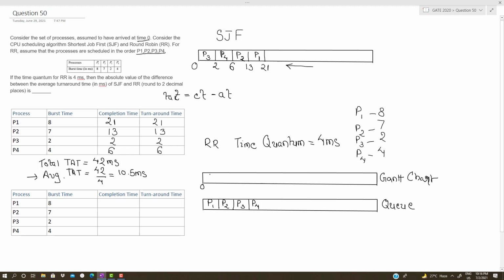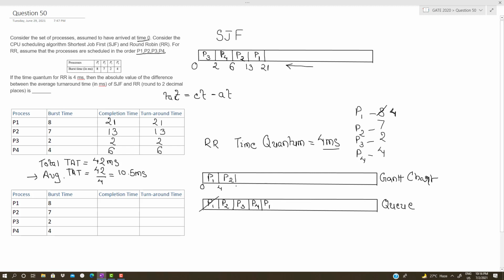So now P1 is scheduled and is executed for 4 milliseconds for the time quantum, and then its burst time changes to 4 because it was executed for 4 milliseconds. P1 is executed, so it is popped from the queue, and since there is still a non-zero remaining burst time for P1, it will be scheduled again, so we will again append it to the end of the queue. Right? Now P2 gets a chance for execution.